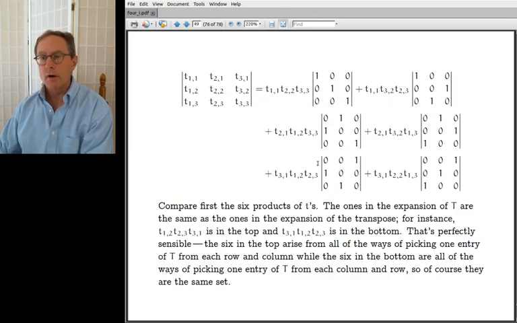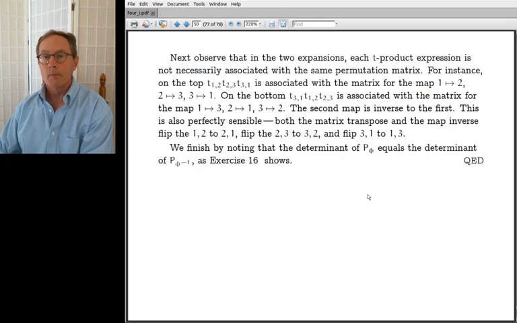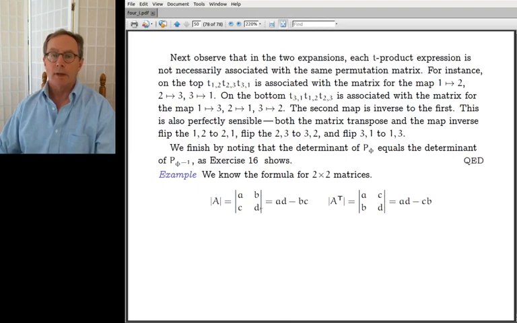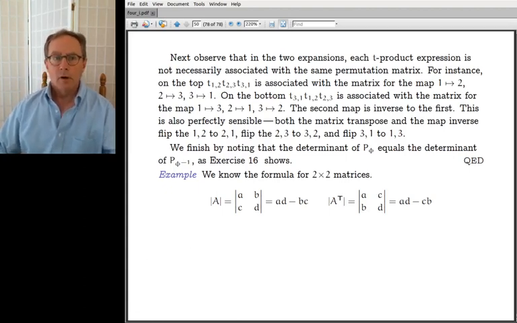Okay, so these are entry by entry the same. And here's just a simple example for 2 by 2 matrices: AD minus BC, and when you take the transpose, you get this, and it's still AD minus CB, even though that doesn't make any difference. Okay, all right, very good.